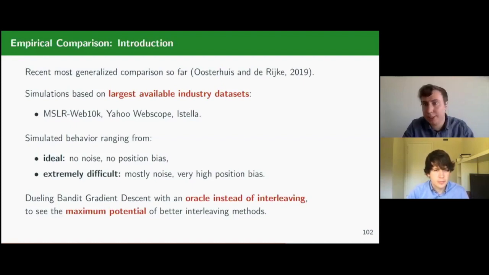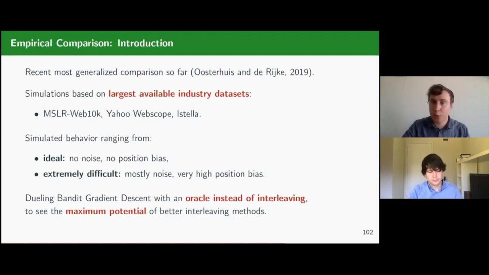And with these data sets, we can simulate behavior that ranges from perfect user behavior, where there's no noise, there's no bias, which is what we've seen before as well, to the case where it's extremely difficult, where we have a lot of noise, an extreme amount of position bias, etc.